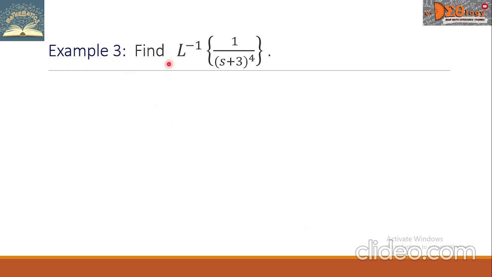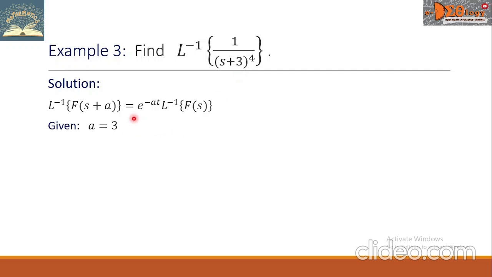Example 3. Find the Laplace inverse of 1 all over the quantity s plus 3 raised to 4. Our problem here is in the category of the Laplace inverse of F with respect to s plus a. The s plus a corresponds to this s plus 3, which means the value of a is equal to 3.